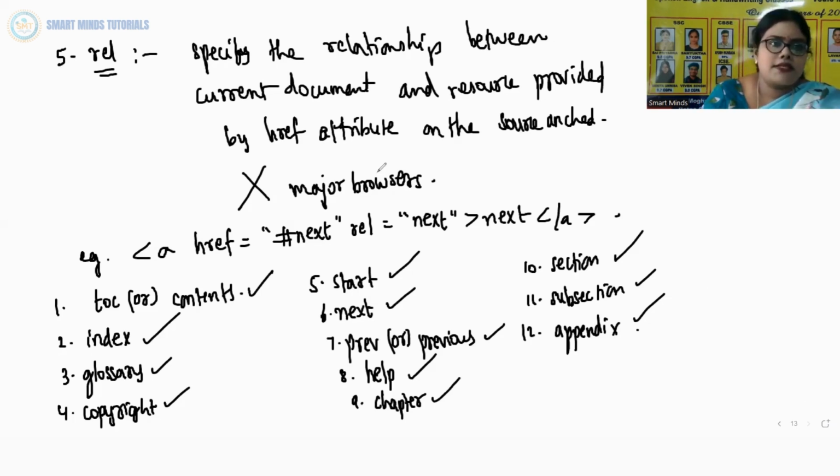Next, number 6, rev attribute. So what is the rev attribute? It is the same as the rel attribute, used on the destination anchor, that specifies the relation between the destination anchor and the source anchor, and it also doesn't support major browsers. Coming to the next one, that is the shape attribute.